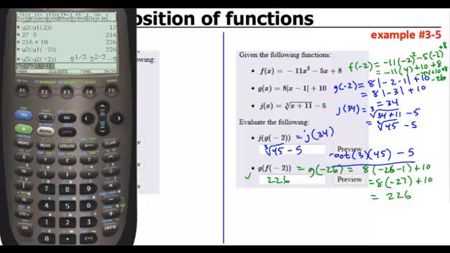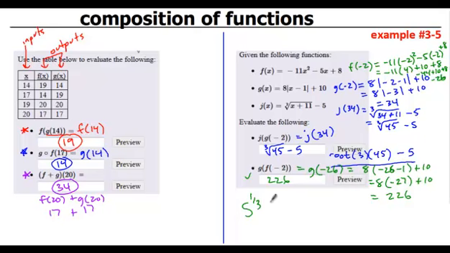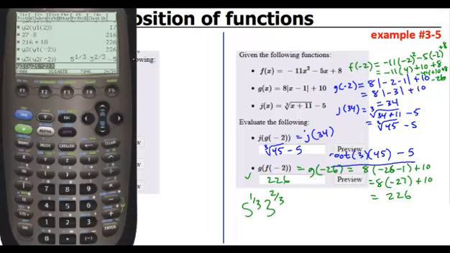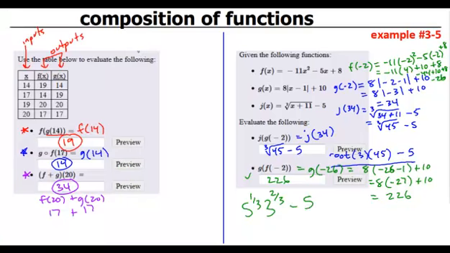So when you write your answer, notice that you have two different bases with the same rational power denominator of 3. What the calculator displayed is 5 to the 1/3, 3 to the 2/3, and then minus 5. So if you combine these all into the same power of 1/3, well, the power of 1/3 is cube root.